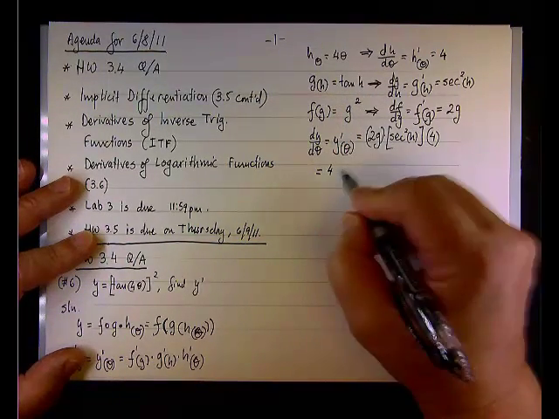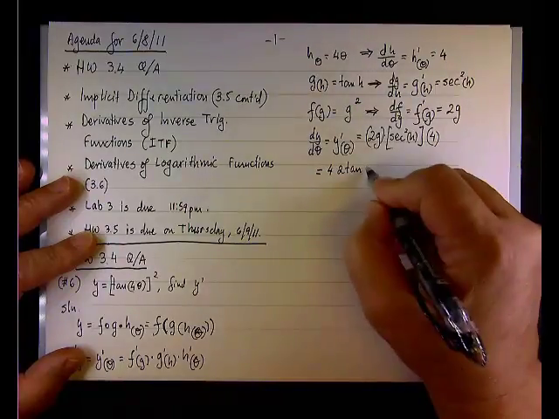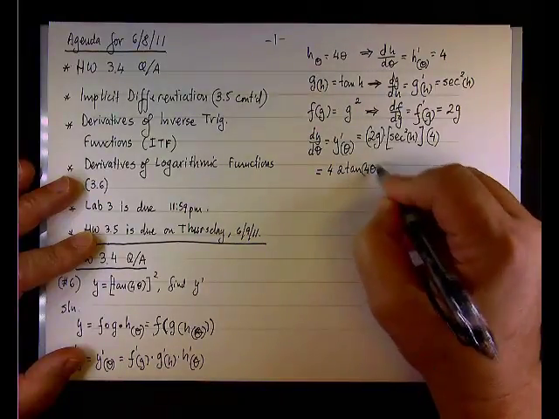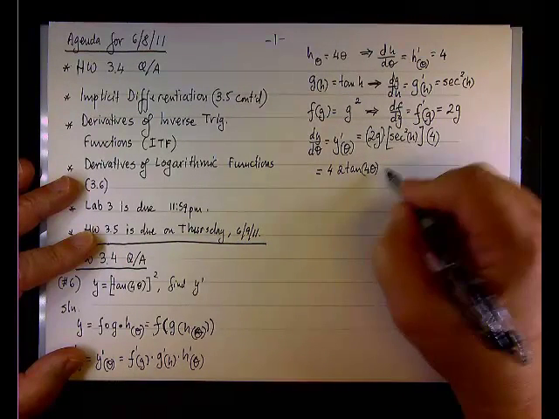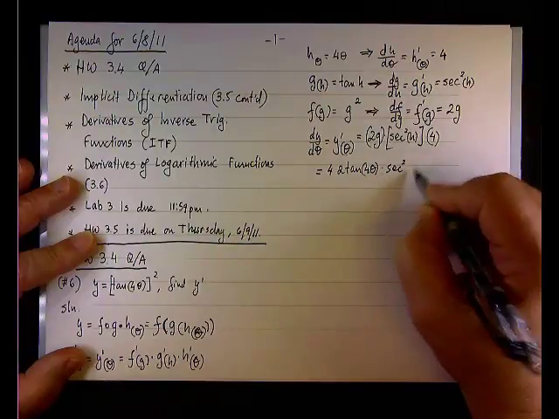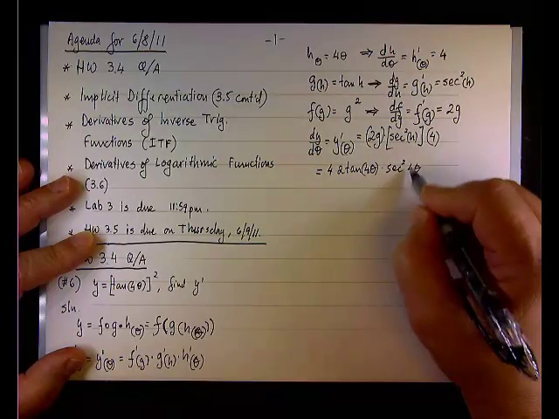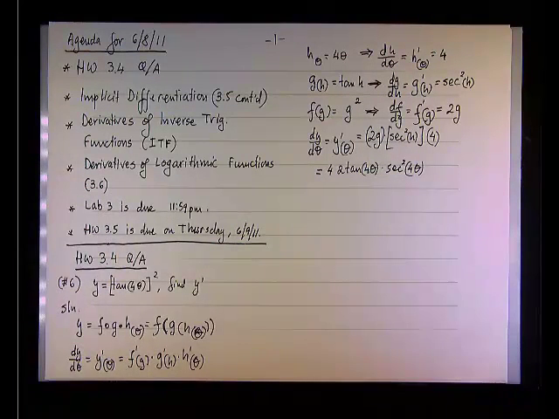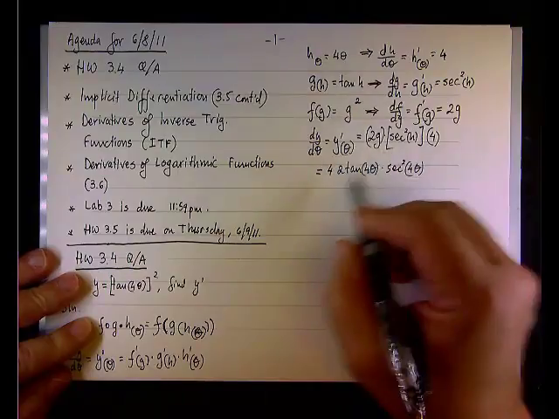Well, going back, the definition of g is tangent. So it would be 2 times tangent of h, which is tangent of 4 theta. And then we have the secant squared of h, but h is 4 theta, so times the secant squared of 4 theta. Okay?